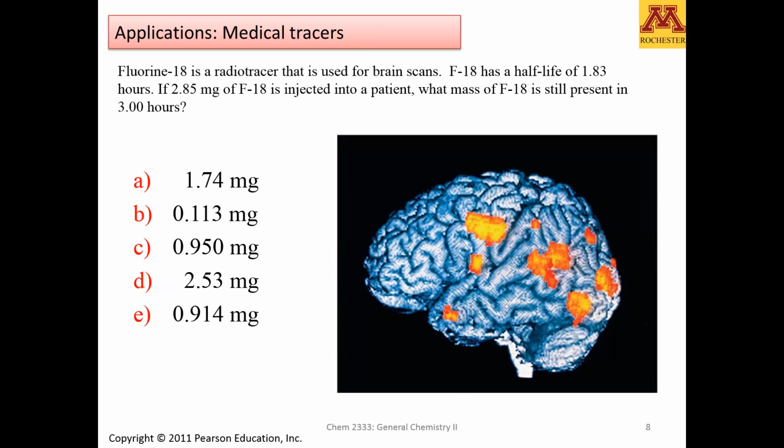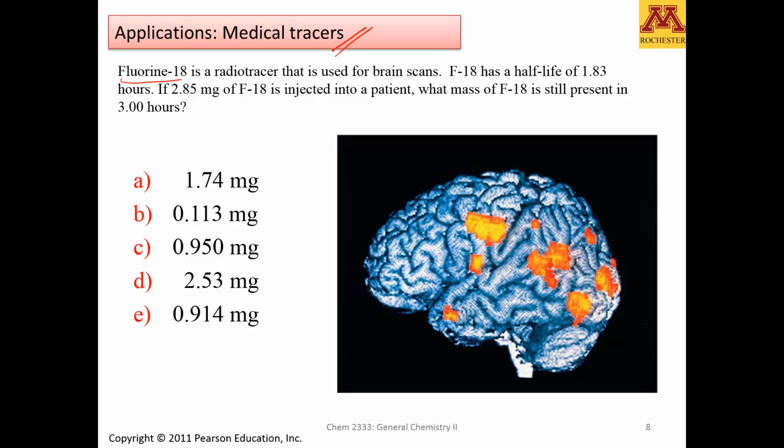Let's study a specific application in a health science degree. I'm sure you are very aware that radioactivity is used for cancer treatment and radiation, but it's also used very commonly as a medical tracer for imaging. You can put fluorine-18 in the body.